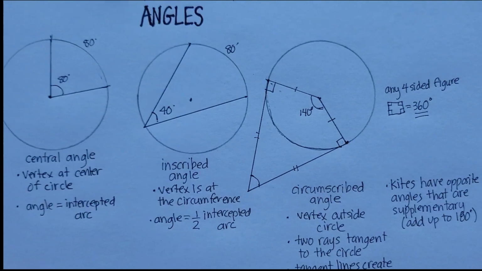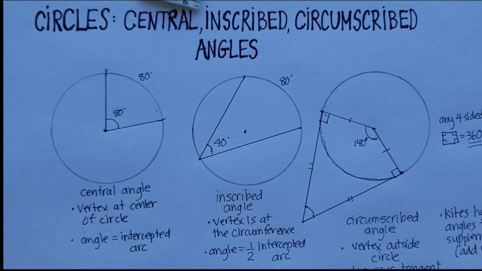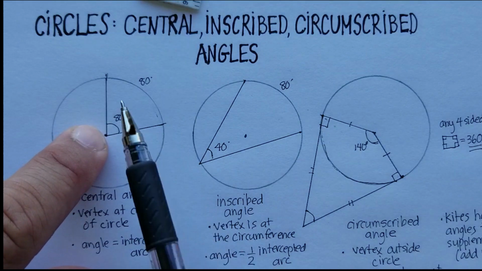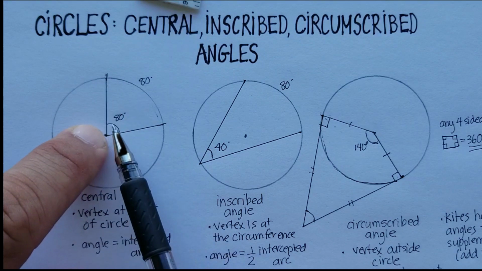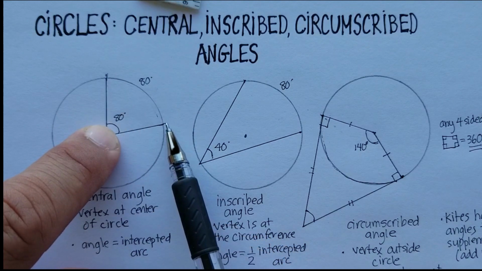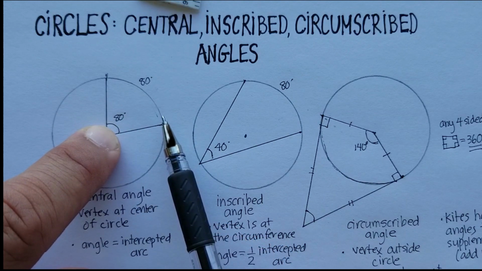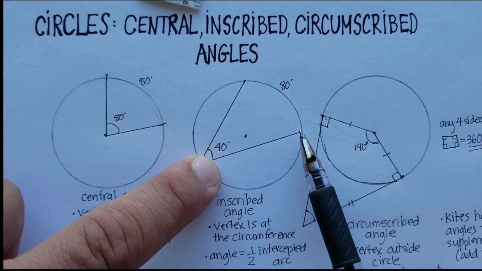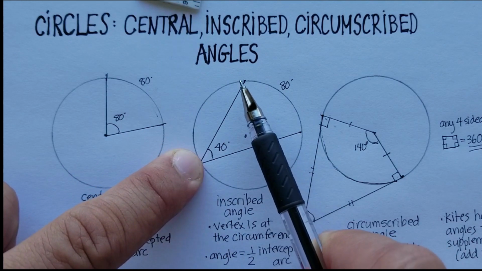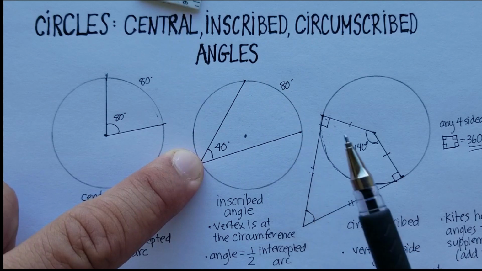So, again, in review: central angles, the vertex is in the middle, and the angle and the measure of the arc are equal. If it's an inscribed angle, the vertex is on the circumference, and it's 1/2 of the intercepted arc.